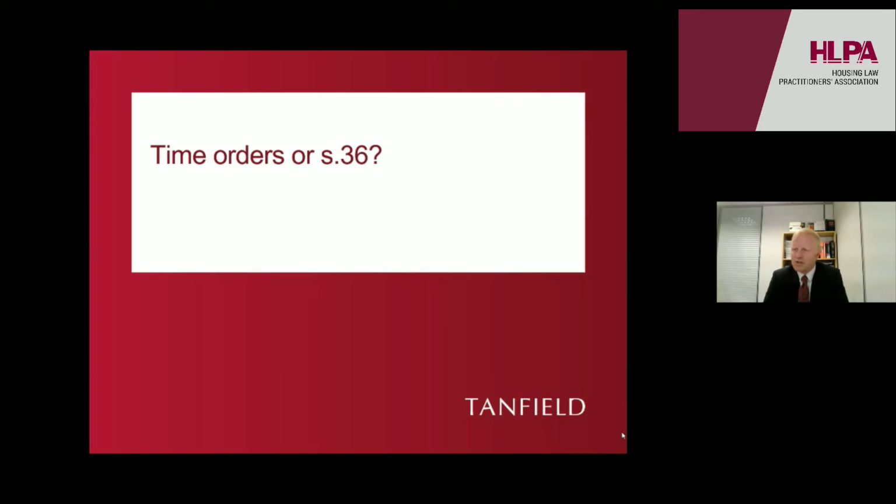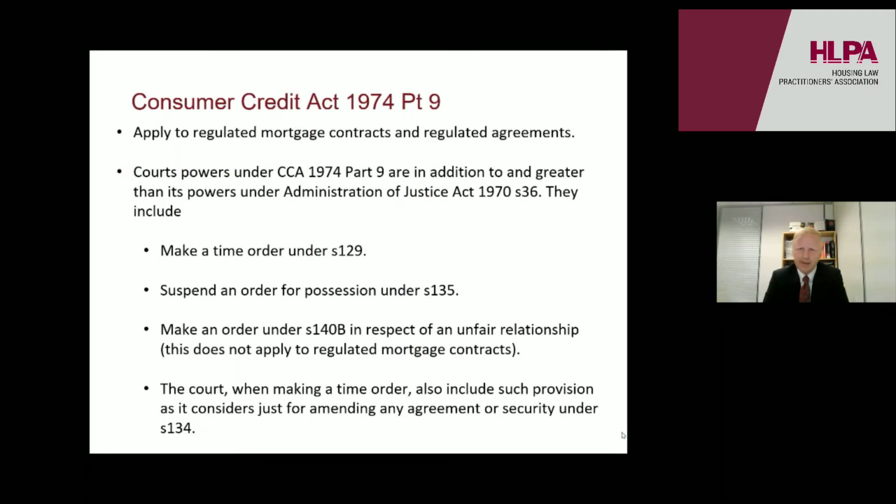But the courts have been used to dealing with Section 36 since the 70s, and the court really needs to be reminded of the new powers that they have, which they may not be aware of.